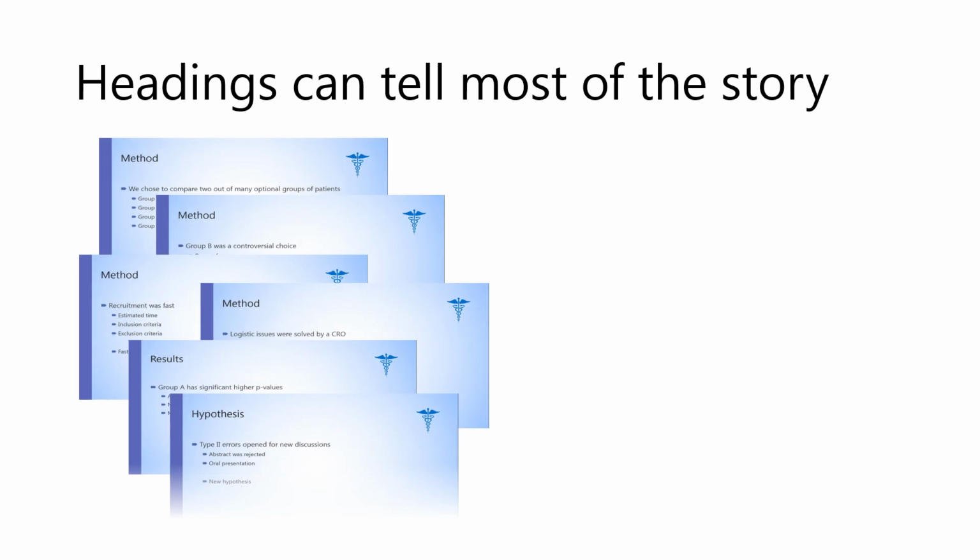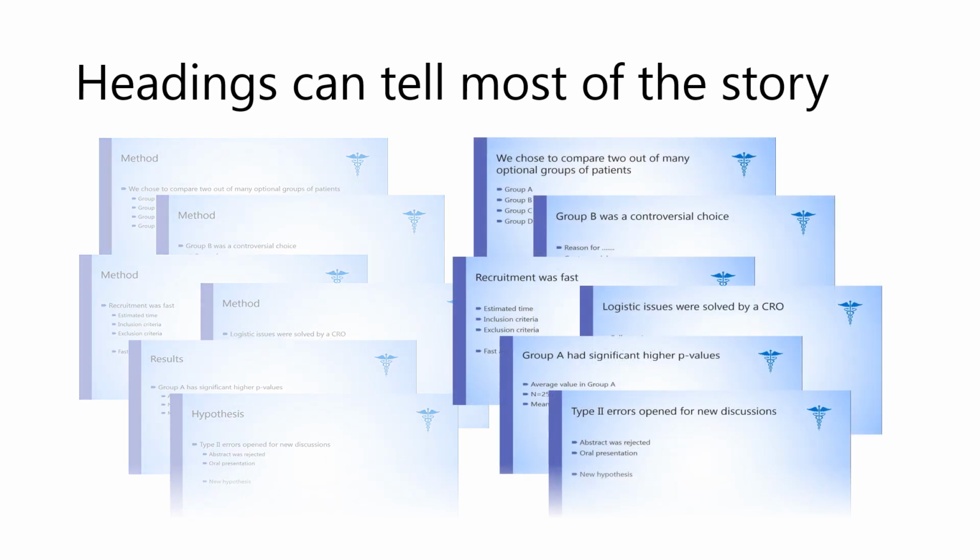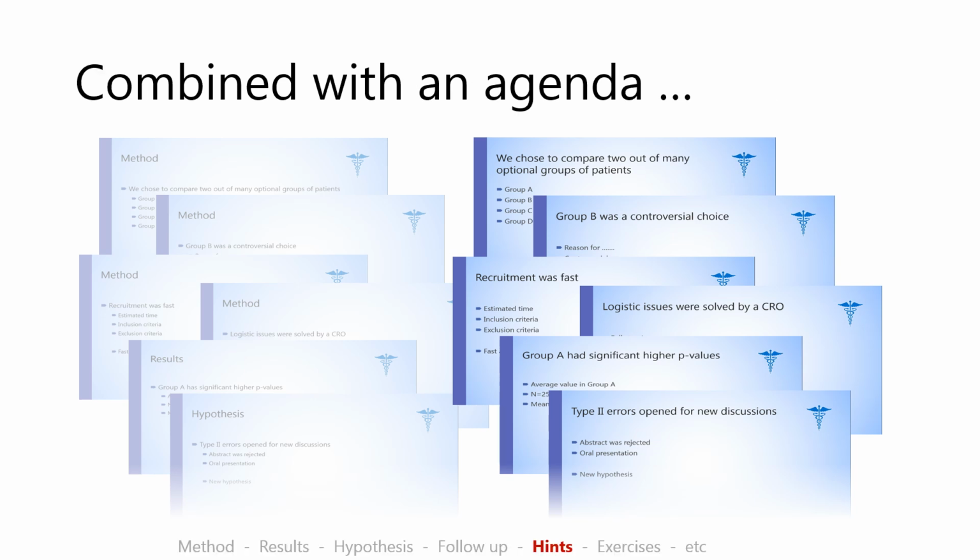Sometimes our slides look like this. Headings are just telling a category. They could look like this, telling most of the story. Problem now is we don't know where we are in our entire story. So we could combine it with an agenda.